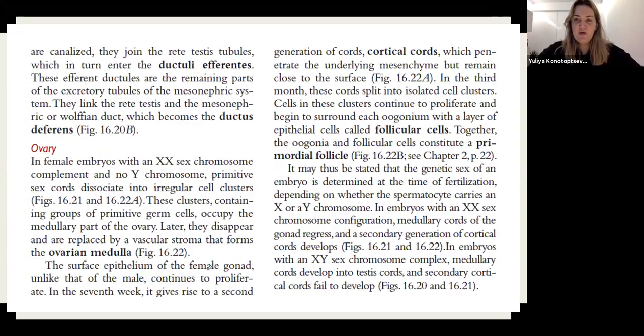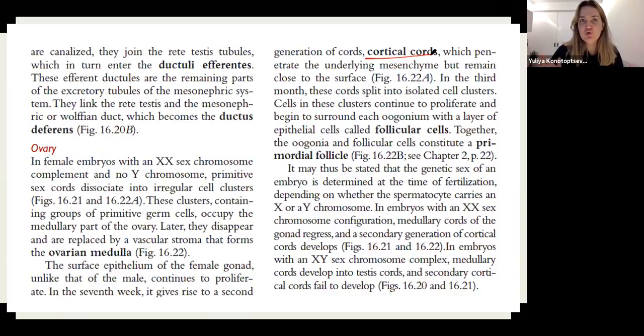Now, the super weird part. If I go back to here, in the female, medullary cords do not persist, right? They dissociate to become clusters. Clusters will be called cortical cords. That's the extra information you're adding in embryo 2.